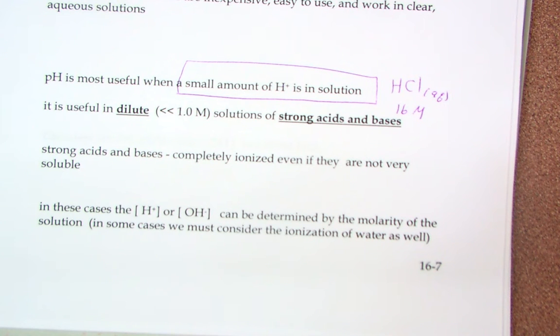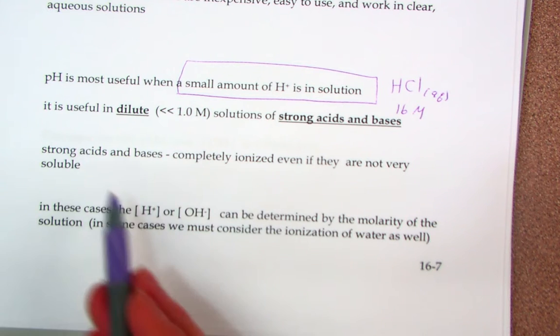Go ahead, calculate it. What's minus the log of 16? It's a negative number, right? And so we don't think of pH as going negative. So when you have something super concentrated, it's a negative number when we calculate it. We just say its pH is 0 because that's as far down as we go.